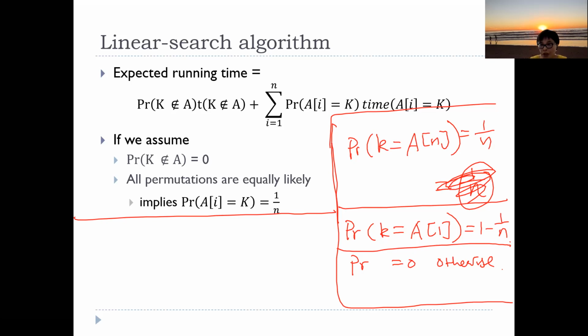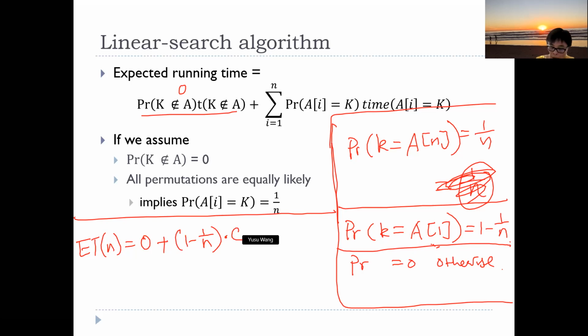Okay, but under this distribution, what is the expected running time? Well, most of the terms are 0. There are only 2 cases which are not 0. One is that k equals the first element. In this case, the probability is 1 minus 1 over n, but the time is constant because I return immediately. Or k equals the last element.